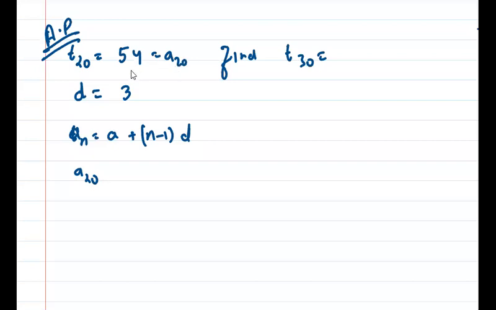This is just how you write it. So it will be a plus 19 into d. Yes or no? Tell me everyone.